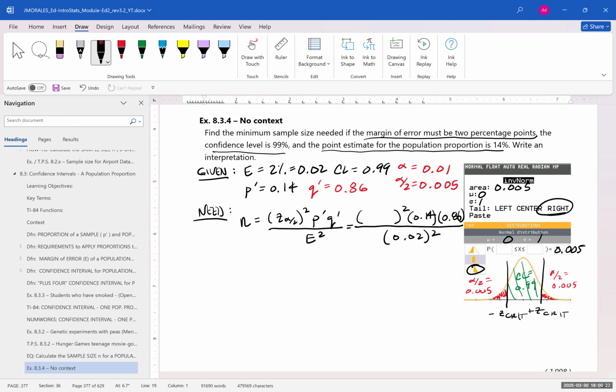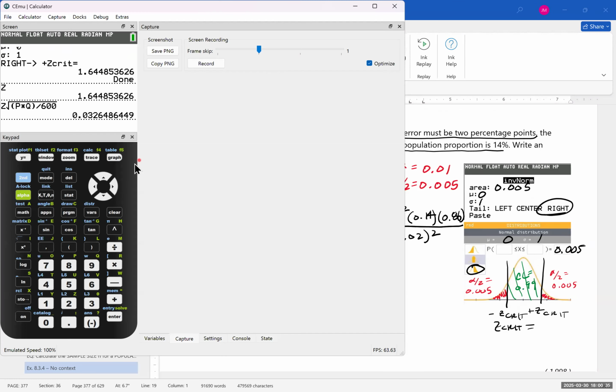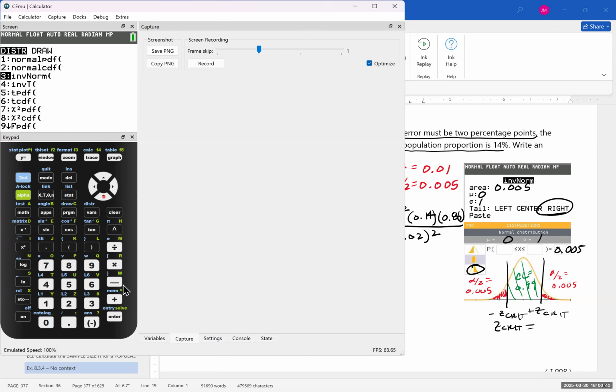Let's see what value that gets us, and we'll save it in our variable Z on the calculator. Let me clear this. So we'll do inverse norm.